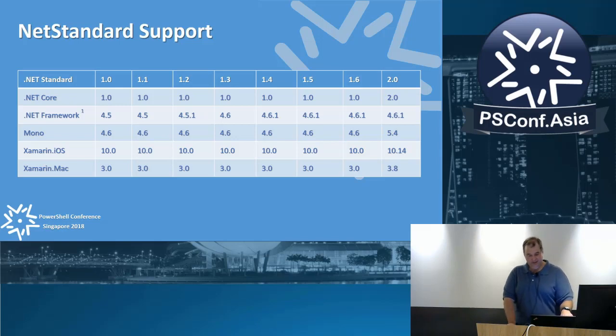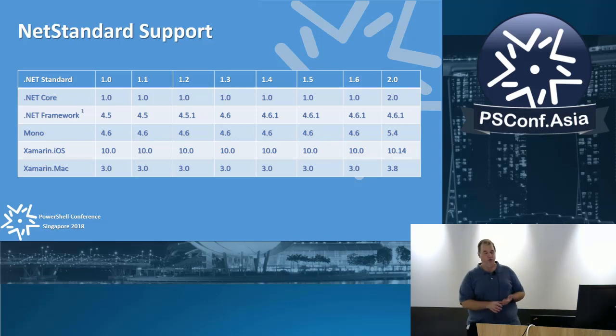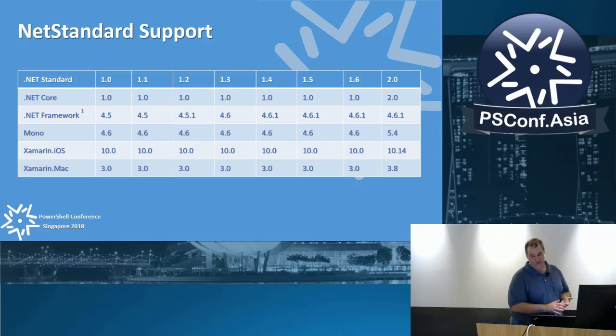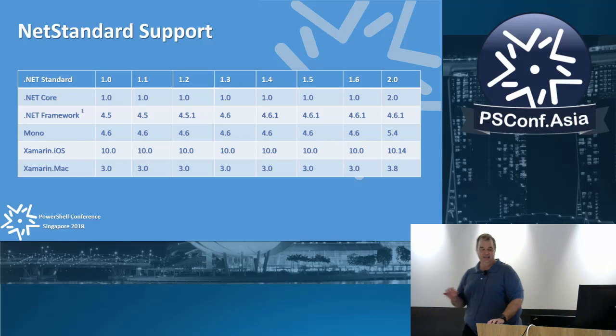.NET Framework, since 4.5, has implemented some of .NET Standard. And starting in 4.6.1, you can actually run .NET Standard 2.0 apps in the full .NET Framework. Now, that's a little bit of a fib. It's actually true that you can run the code in .NET 4.6.1, but you require special configuration and additional DLLs in order to do that.